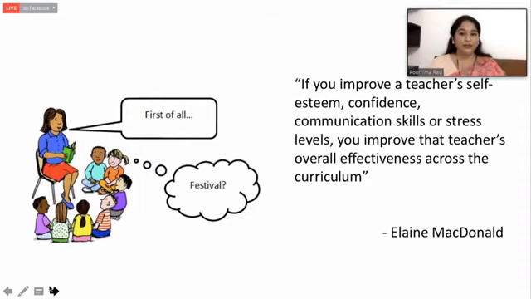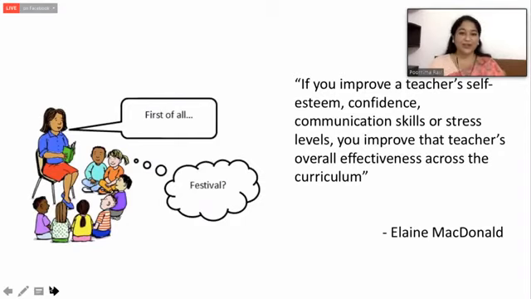Now note the words self-esteem, confidence, stress levels. Aren't they associated with self, especially while speaking the English language? Most of us while speaking would have had these issues.